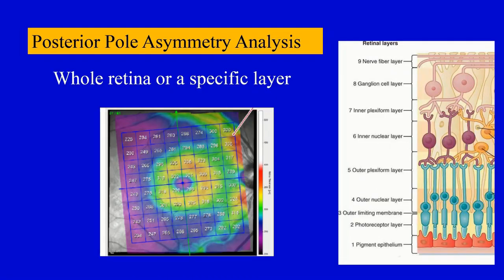The posterior pole asymmetry analysis shows the thickness of all the layers. You can choose the whole retina or any of the different layers of the retina. Thickness will be shown here, and comparison between sections can be achieved.